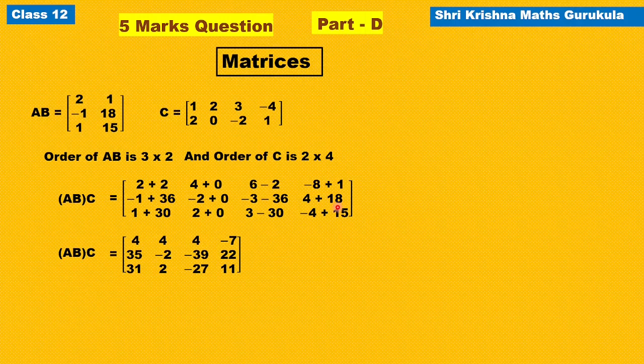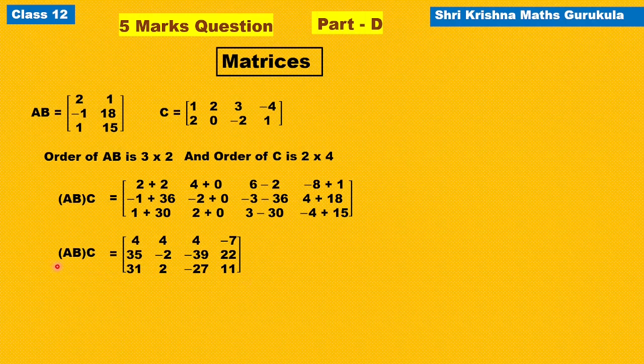That is 4 plus 18, 22. So it is 22 here. Then this is 31, which is 31 here. This is 2 here. Then this is minus 27. 3 minus 30. So it is minus 27 here. Minus 4 plus 15, which will be 11 here. So this is the resulting matrix.